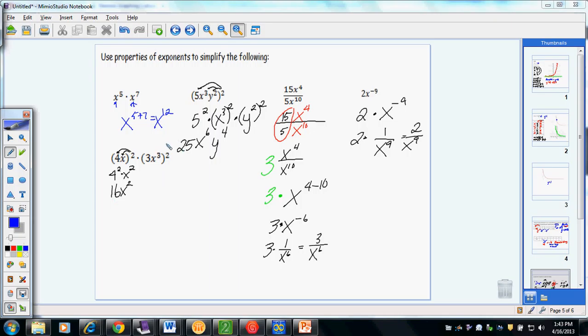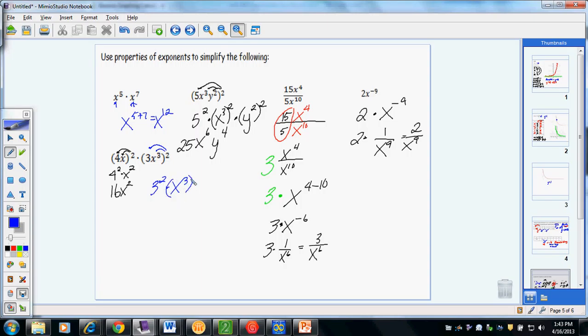Then we have this squared applied to 3 and to the x cubed. So we have 3 squared times x cubed raised to the 2nd, which is 9 times x to the 6th.